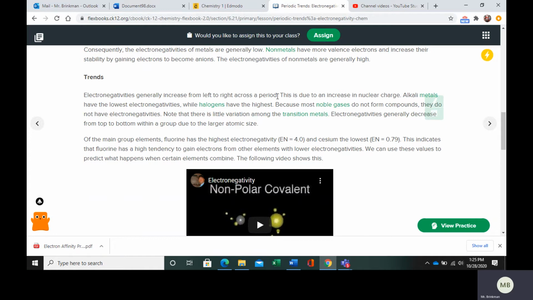The reason that they increase from left to right across a period is because we have an increase in the nuclear charge, okay? Noble gases do not have electronegativities because they generally do not form compounds. And then electronegativities are going to decrease from top to bottom within a group because we have a larger atomic size.